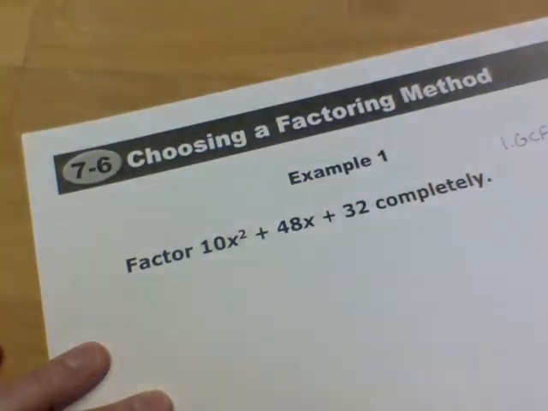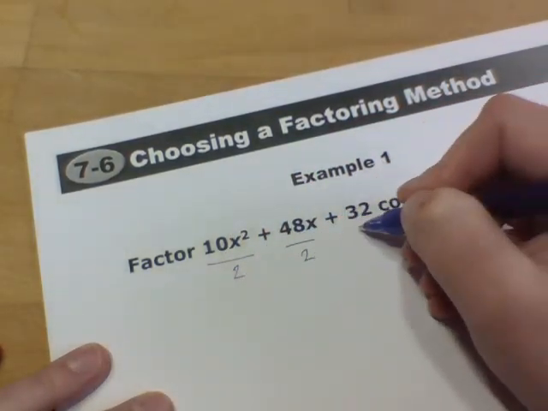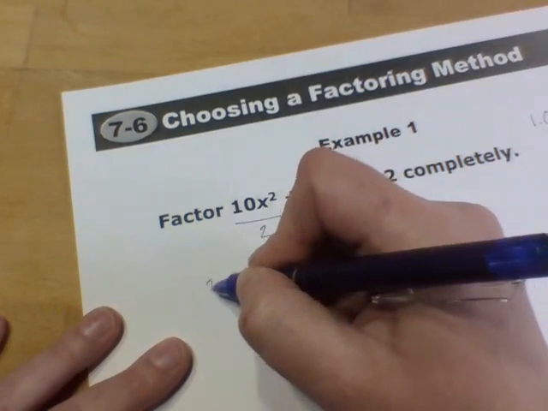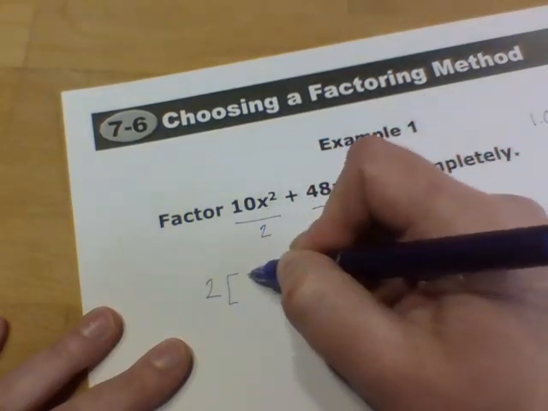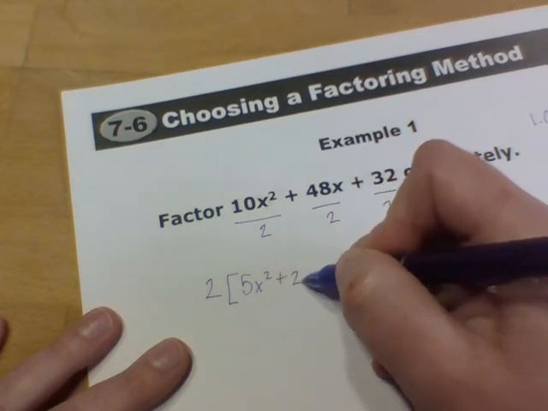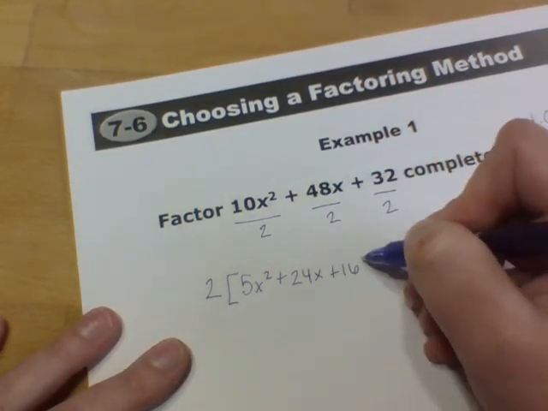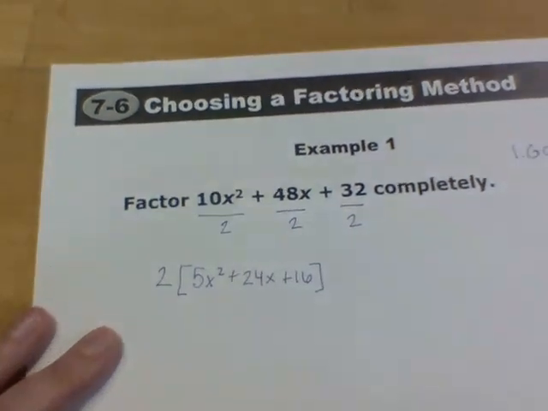So every single one of these is going to have a 2 that could divide out of it. And so we're going to have 2, and then the remainder of 5x squared from 10 over 2, and 24x from 48 over 2, and then 16 from 32 over 2.